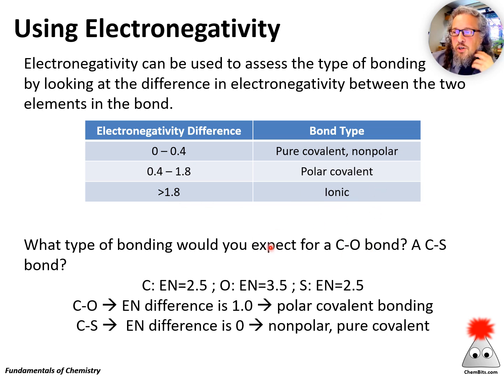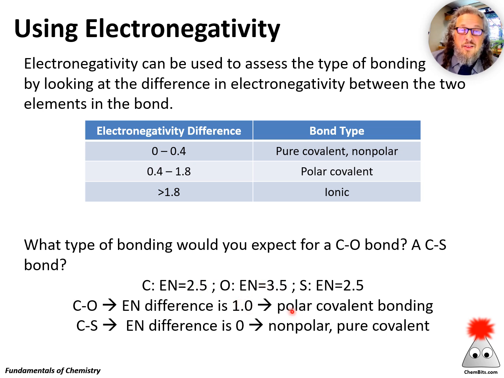So we look at a couple examples. What about a carbon-oxygen bond and a carbon-sulfur bond? So I pulled the electronegativities off that table. Carbon has an electronegativity of about 2.5. Oxygen has an electronegativity of 3.5. Sulfur has an electronegativity of 2.5. So for a CO bond, the difference in electronegativity is 2.5 to 3.5.